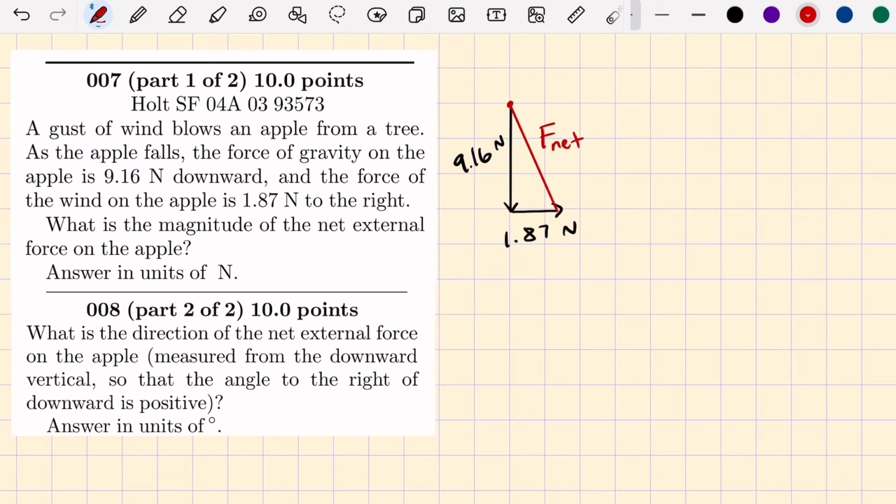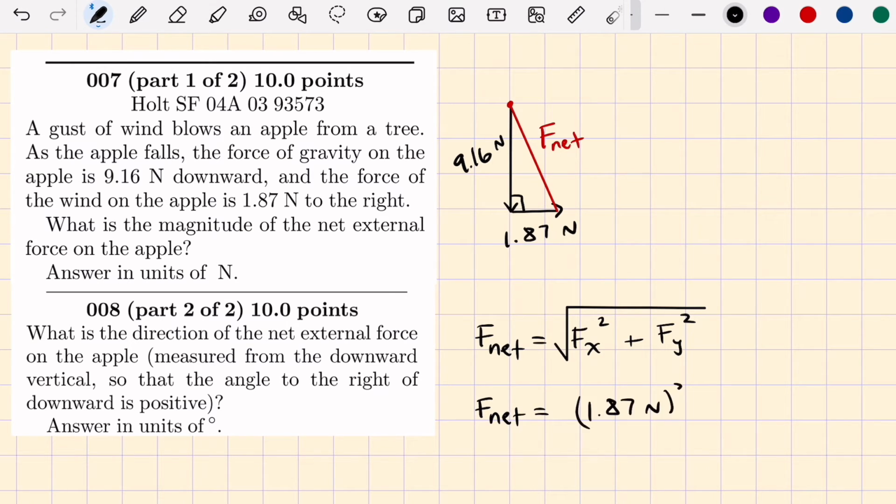Okay. We have our 90 degrees. And we know how to find the net external force. So we'll just plug in our numbers. The force along the x is the 1.87 newtons to the right. I'll do the square root at the end.